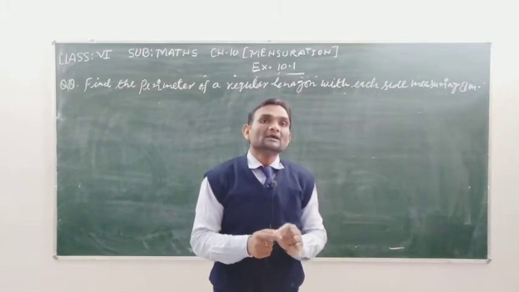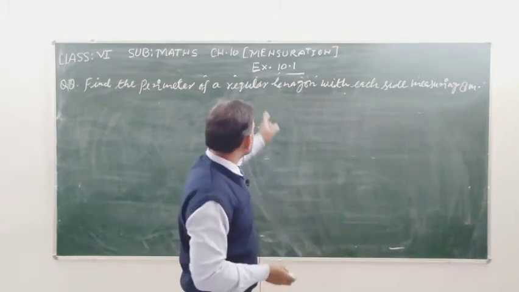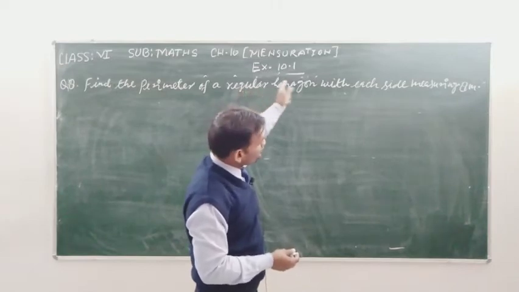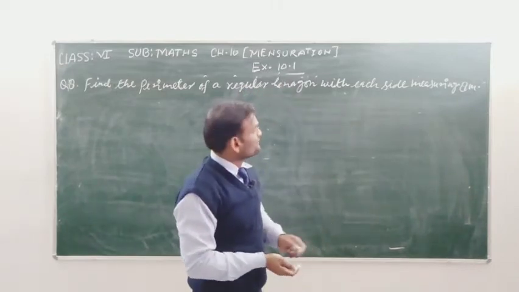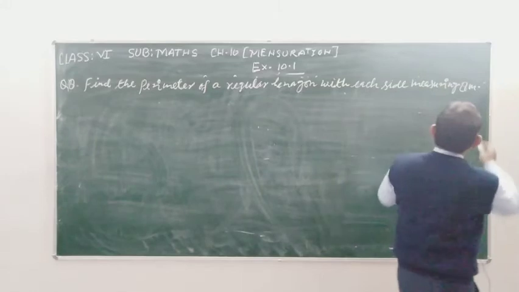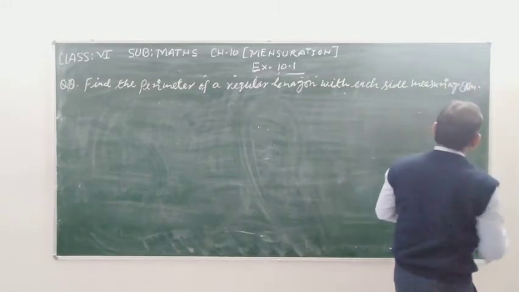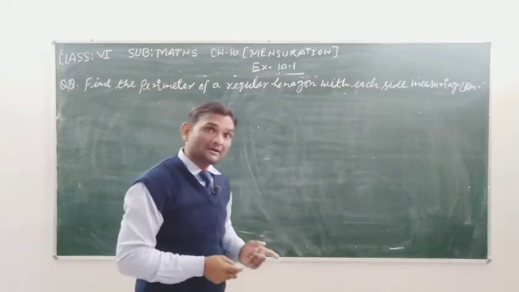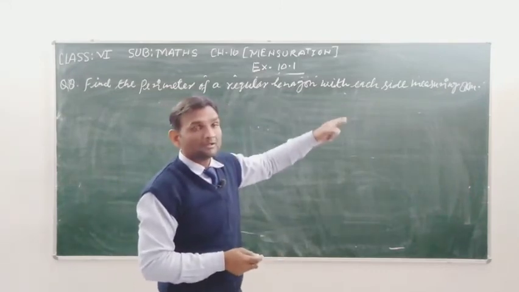That is called a regular figure. So you can say that all sides are equal. If one is 8 centimeter, then all other 5 sides will also be 8 centimeter.